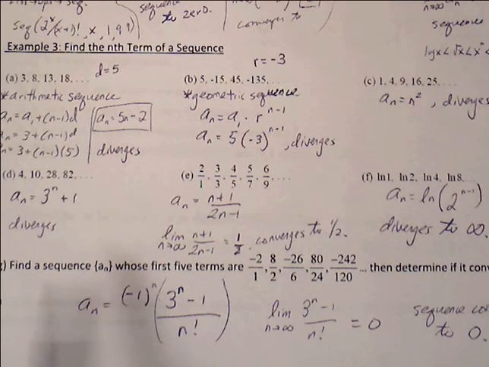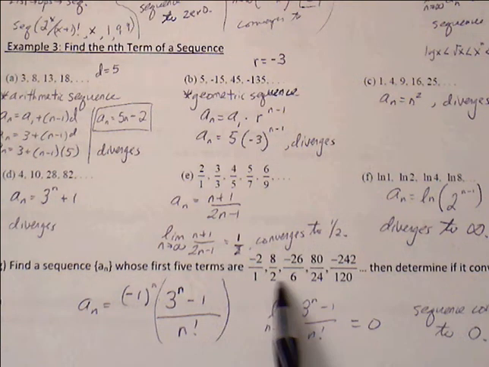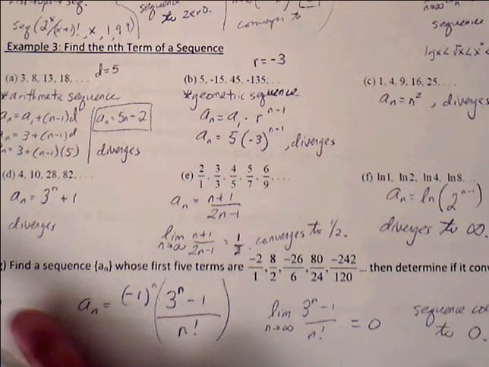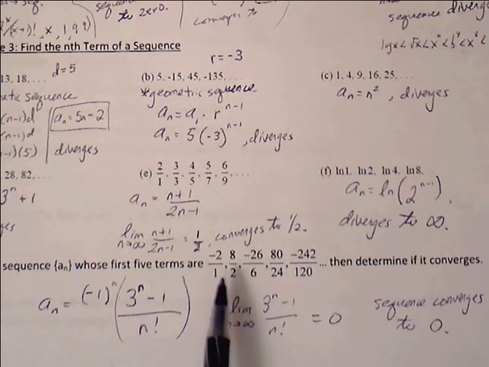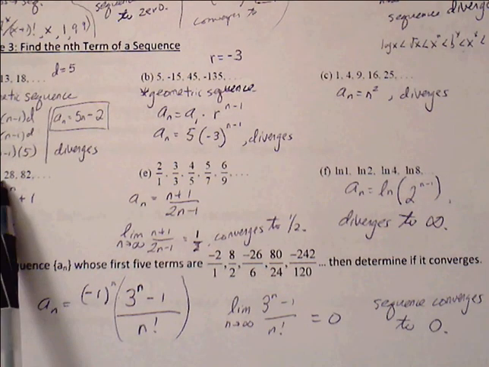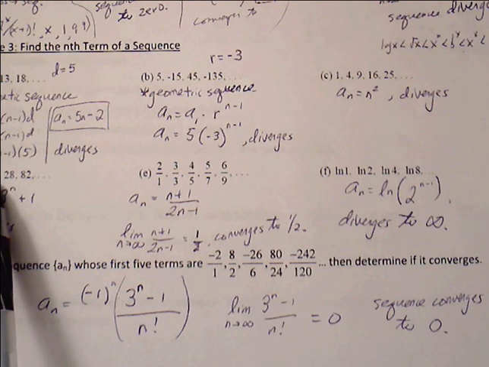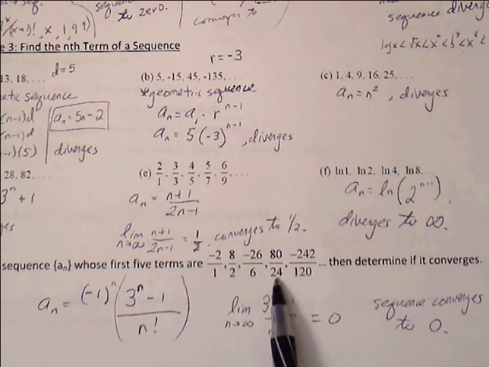Okay. Find a sequence whose first 5 terms are given here. Then determine if the sequence converges. And this is similar to what we see here with D, with a base of 3, and we're simply, instead of adding 1, we're subtracting 1. And then the denominator, 1, 2, 6, 24, these are all factorials of n.